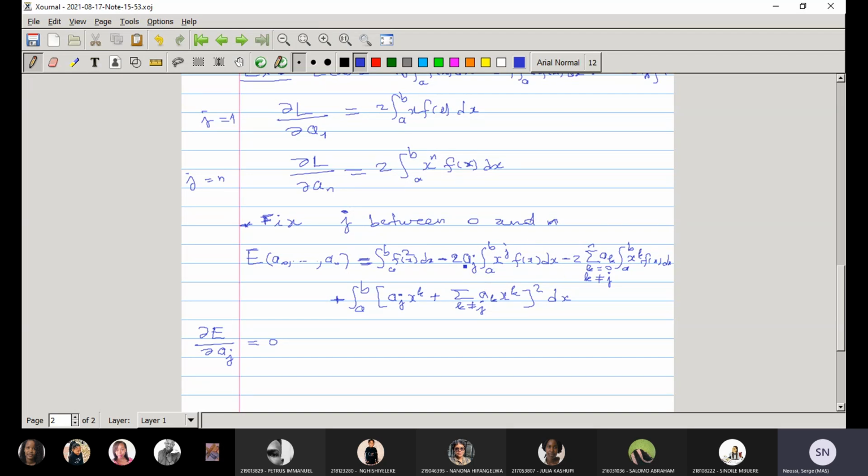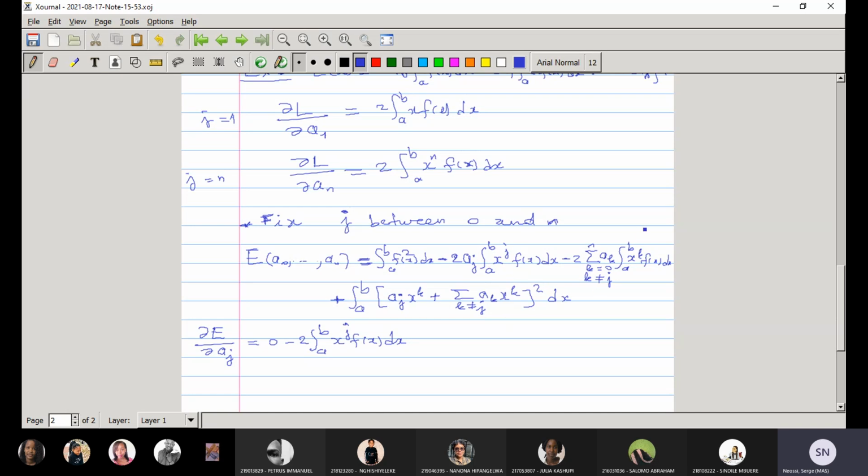So if I differentiate this with respect to aj, then I will be left with minus 2 times that integral. So minus 2 integral from a to b of x to the j f of x dx. So that's what I get from differentiating this term.